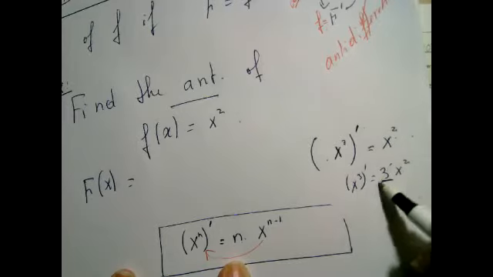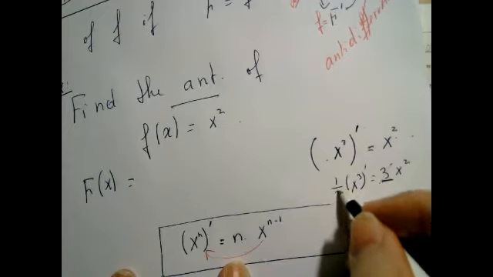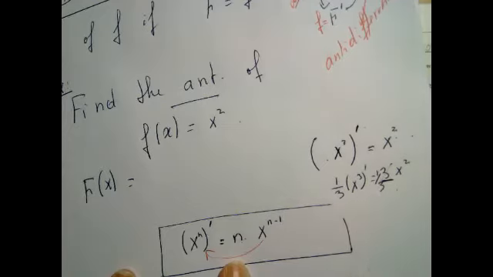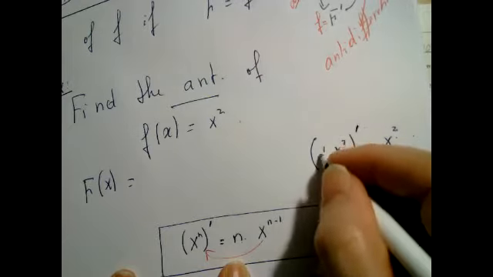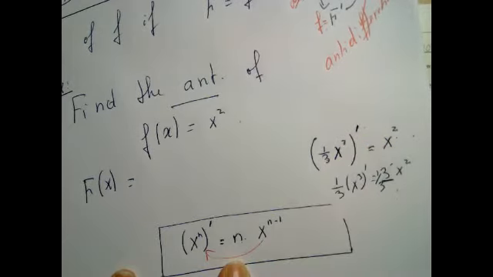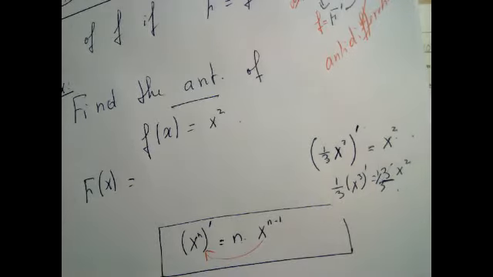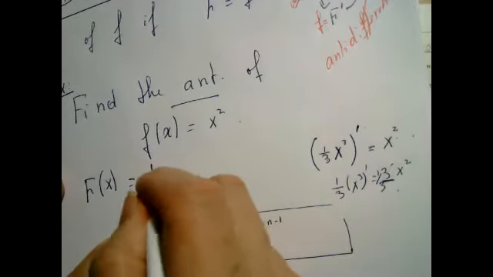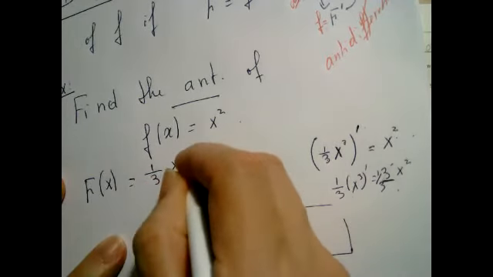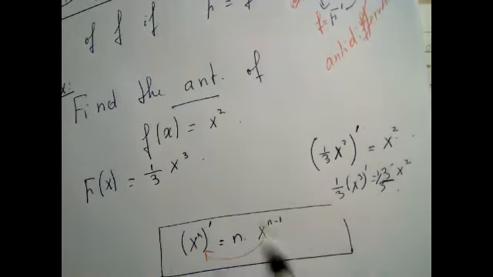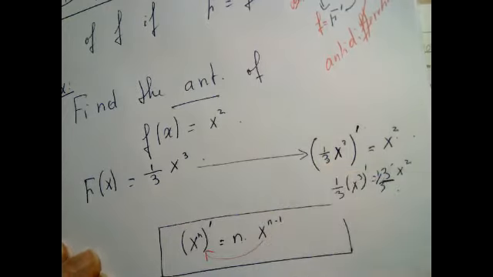So I'm going to multiply by a third, and the derivative of this is equal to x squared. So F of x equal 1/3 x cubed. That's the antiderivative, because if I differentiate this, I get x squared.